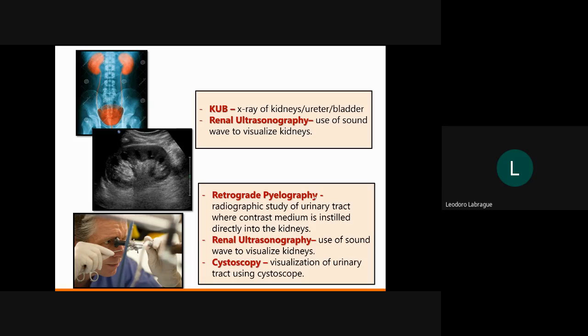Remember in the first slide, we have barium enema taken by the patient. In this procedure, the same process, a contrast medium similar to barium is instilled directly into the kidneys. Through X-ray again, the doctor can actually visualize the structure of the kidneys if there are some problems.